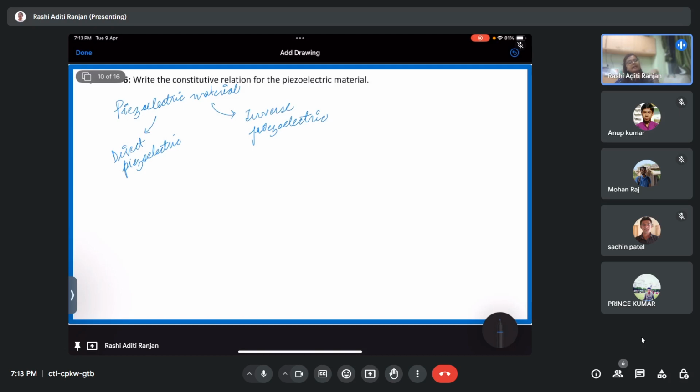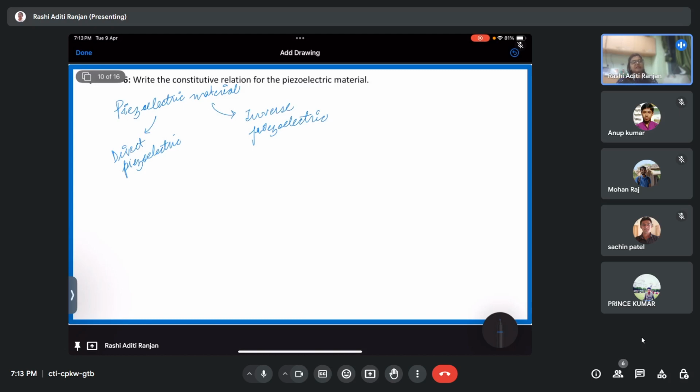Correct? In direct piezoelectric, what was happening? In direct piezoelectric, I was actually giving deformation and my charge was getting produced. In inverse piezoelectric, the reverse was happening. I was giving charge and my system was actually showing deformation. Okay, I know this now. Now, if I try to find a relation, how is my system going to behave?